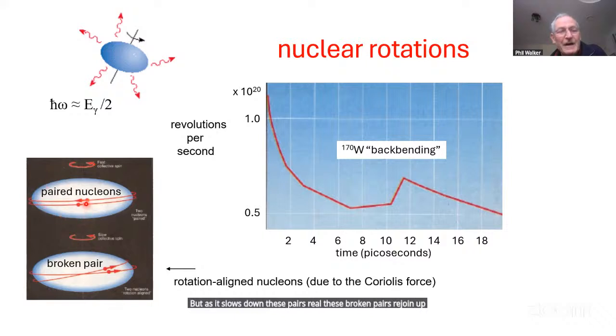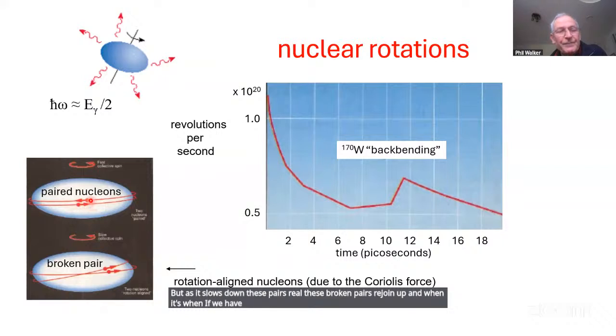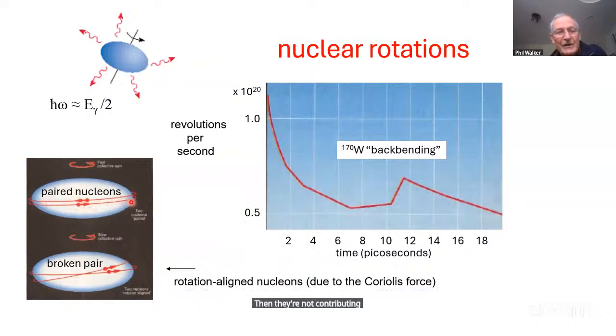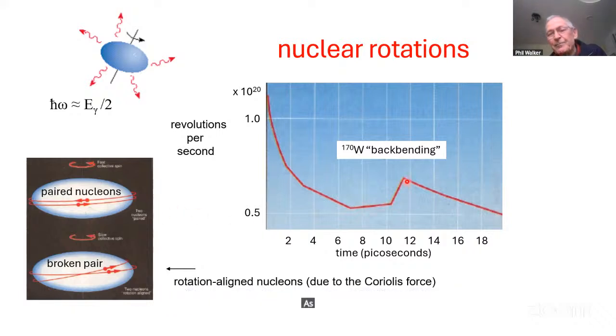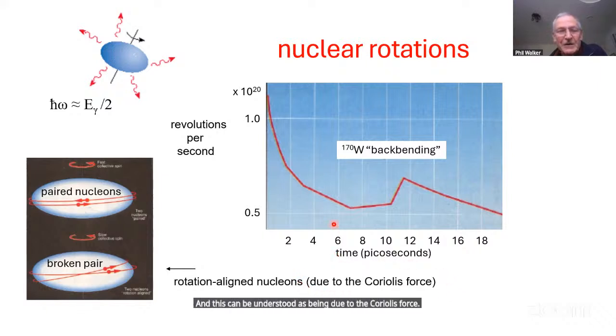And when we have pairs of nucleons, they're not contributing to the overall angular momentum. So the nucleus itself has to rotate faster as the pairs join up, and then slows down again. And this can be understood as being due to the Coriolis force. So I'll say a little bit more about that.